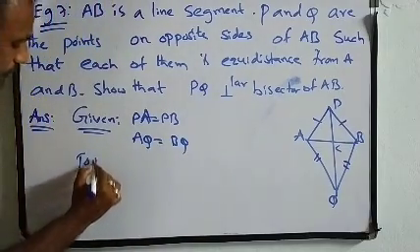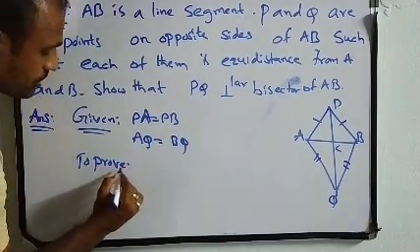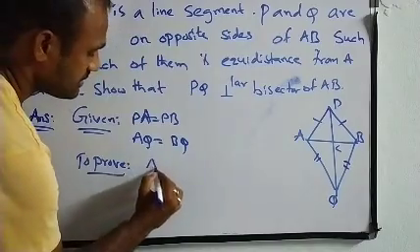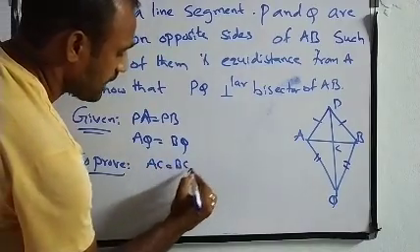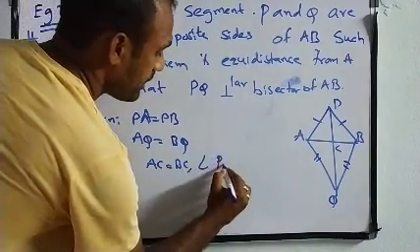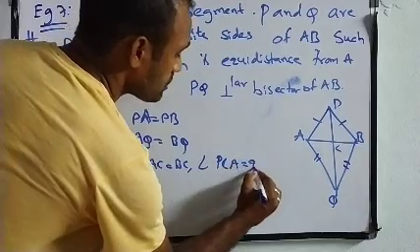To prove, I need to prove that AC is equal to BC as well as angle PCA is equal to 90 degrees.